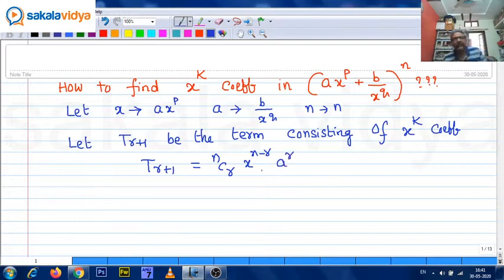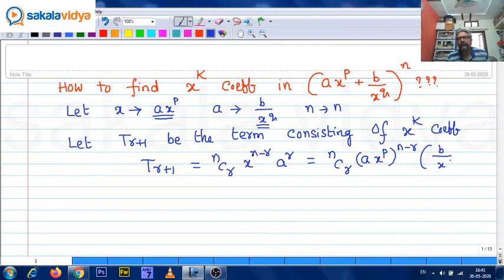Let us replace x with a x^p and a with b/x^q: nCr (a x^p)^(n-r) (b/x^q)^r.